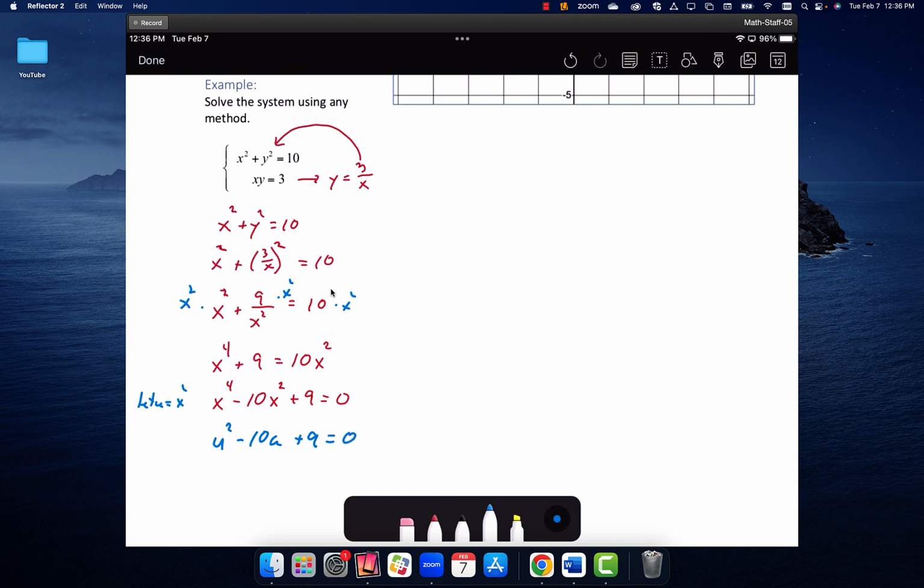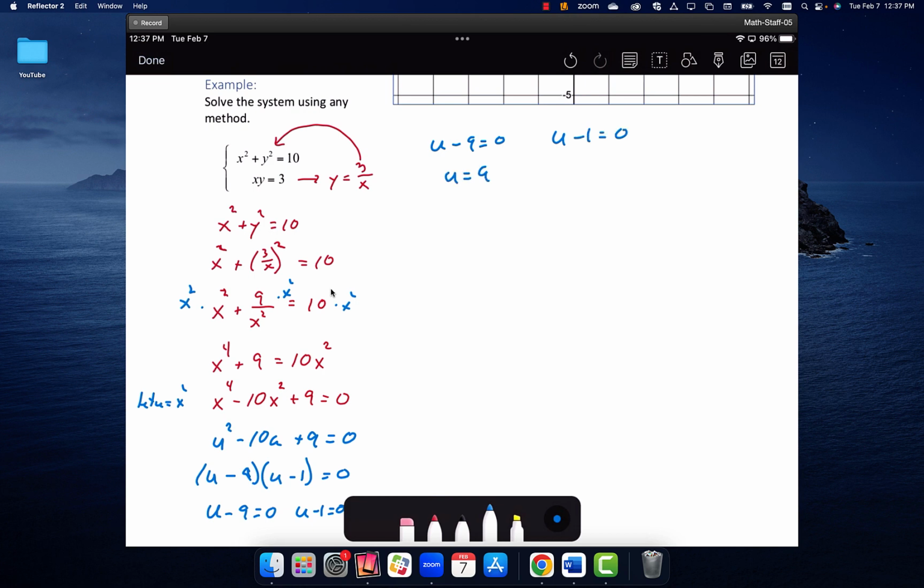Now we have a quadratic that we can factor. U minus 9 times u minus 1 is equal to 0. U minus 9 equals 0, and u minus 1 equals 0. So I'm just going to copy that up here. Remember, we don't want u's. We want to replace those u's eventually.